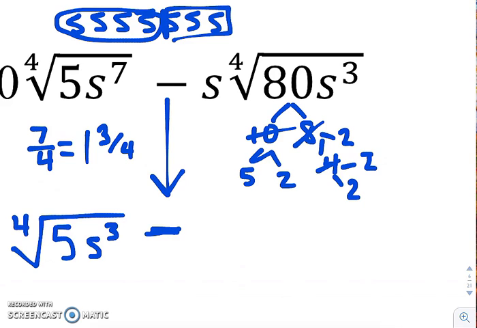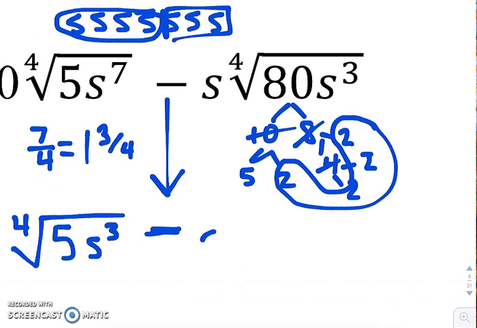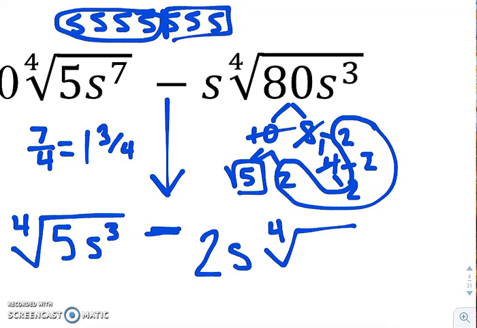Okay, so we've got a 4th root, which means we need a group of 4 2's, which we just found, so that can come out with the s that's already out there. And it looks to me like this 5 and s cubed are going to be what's left underneath your radical, your 4th root. So the 5 and the s cubed.